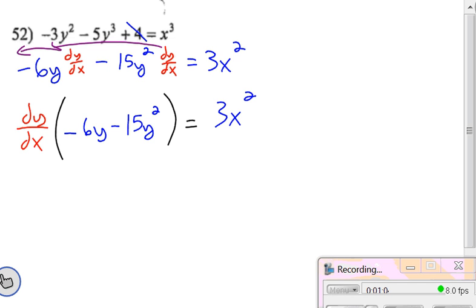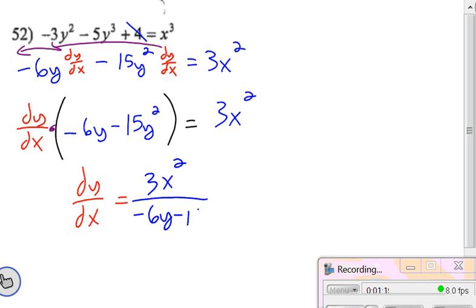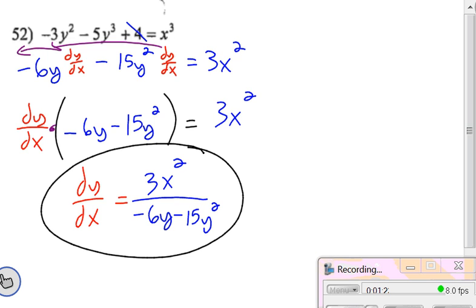Okay, final step. dy dx is on the left. We have multiplication, so we're going to divide all this blue stuff on the left over to the right. Isolate it, get it by itself. That's your answer. That's the derivative.